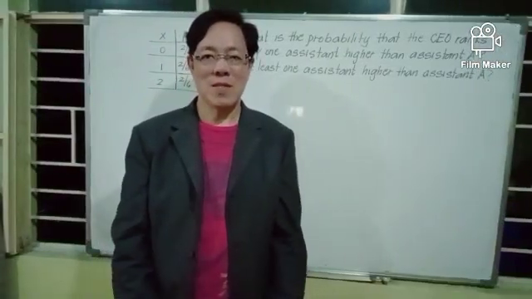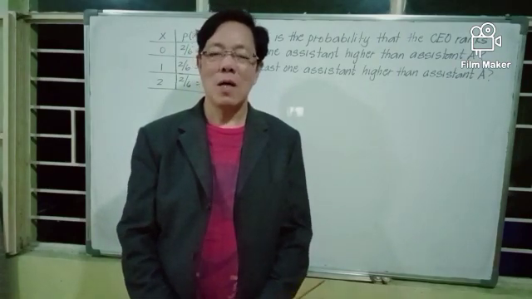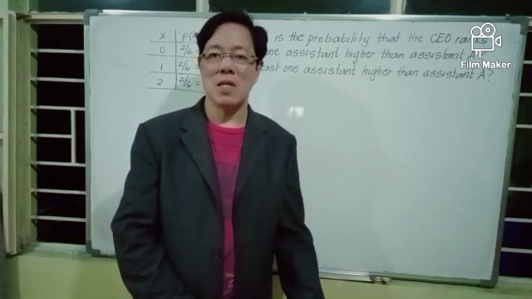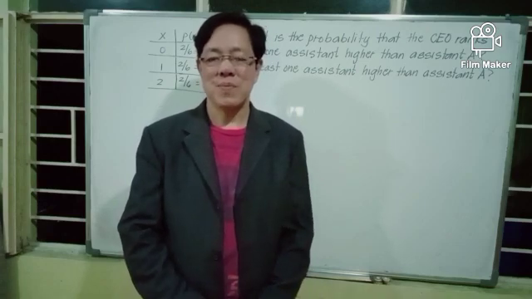Before your exercise, let us go back to our first example on the three assistants denoted by A, B, C that were ranked by the Chief Executive Officer.